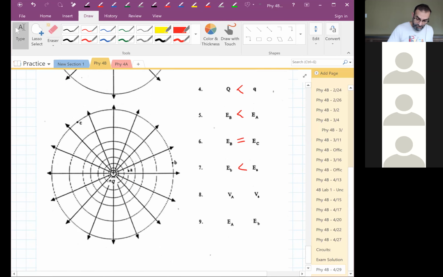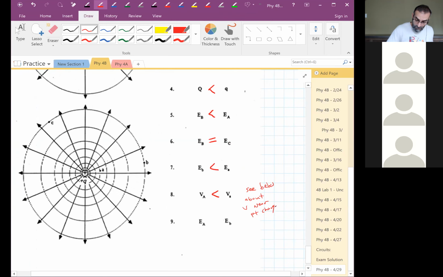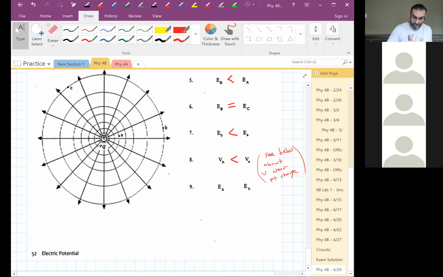So I'm just going to put the answer here and then we'll talk about it in a minute. Okay. So we'll talk about electric potential near point charges in a minute.